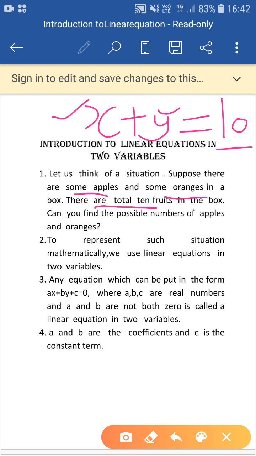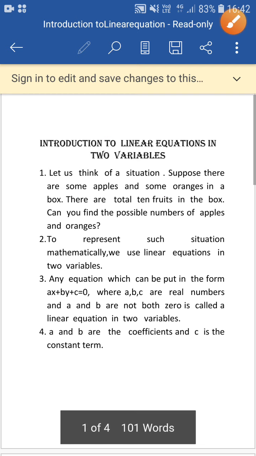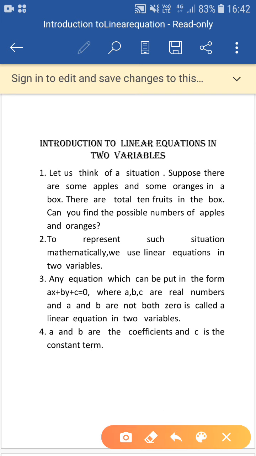So any equation which can be put in the form ax plus by plus c equals 0, where a, b, c are real numbers and a and b are not both 0, is called a linear equation in two variables. a, b, c are all real numbers, and they are the coefficients of the variables, that is x and y here. a and b should not both be equal to 0, otherwise our equation will not be a linear equation in two variables.